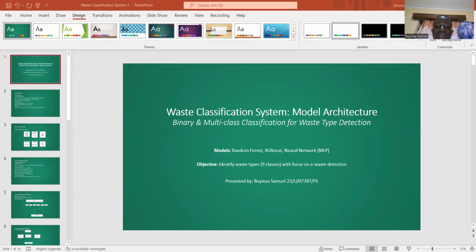The objective is majorly identifying the waste types, which are nine classes, with focus mainly based on e-waste detection.